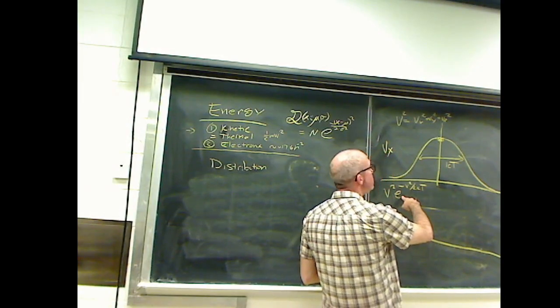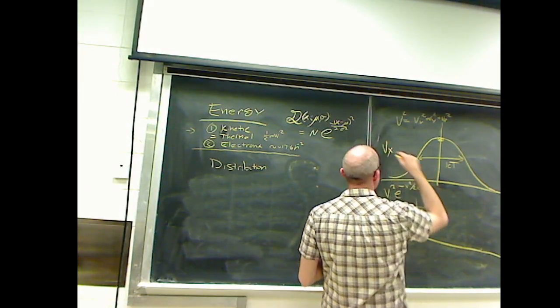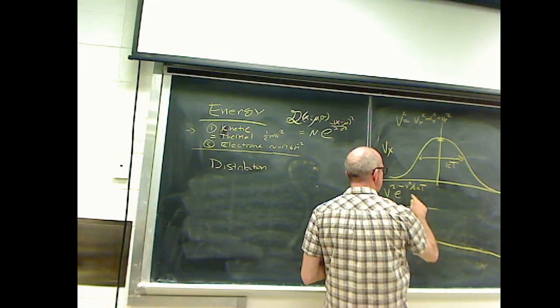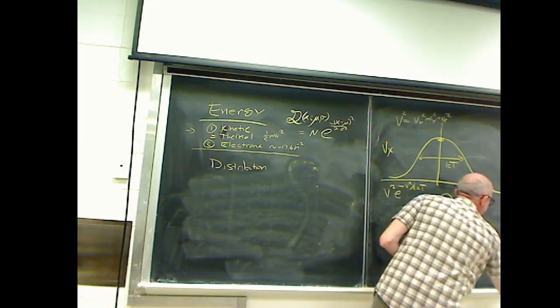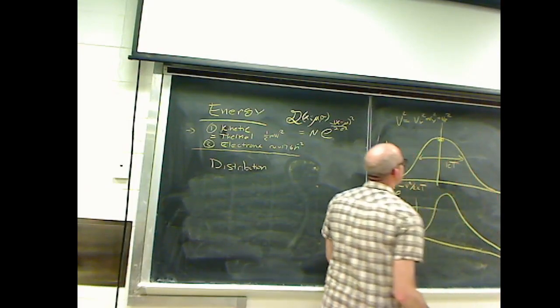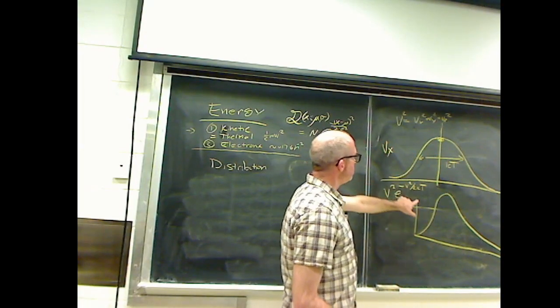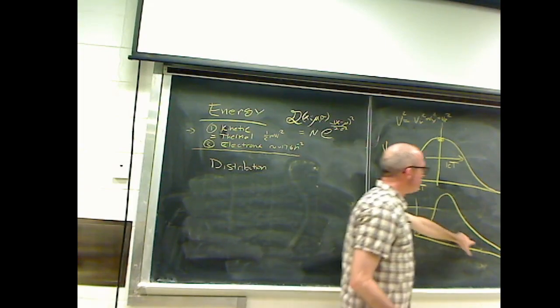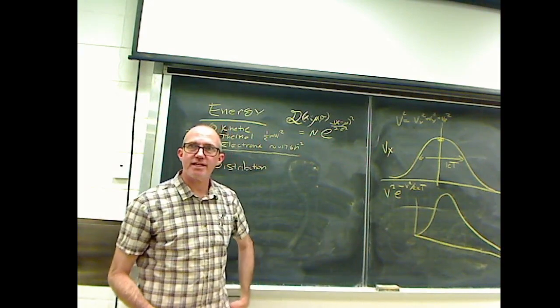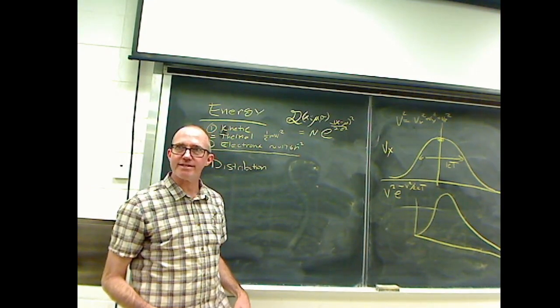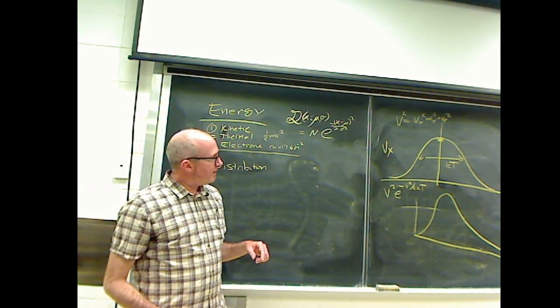It's positive always. And it goes like that, and it has this long tail. So a Gaussian falls off pretty fast, but a Maxwellian, because of this v squared, has a long tail. So that means I have a whole bunch of extra stuff that's going pretty fast.